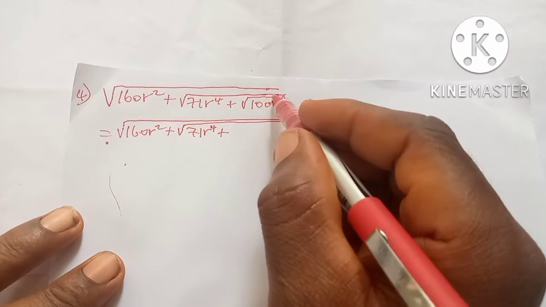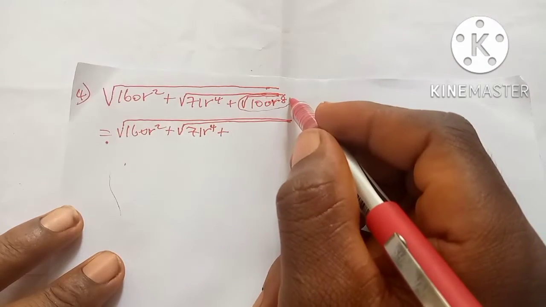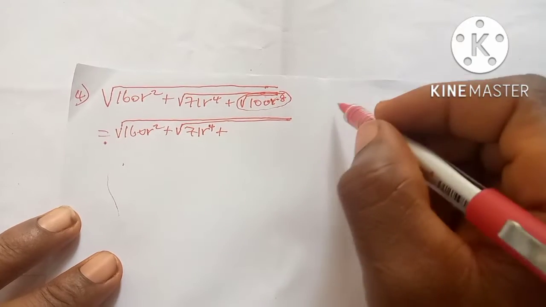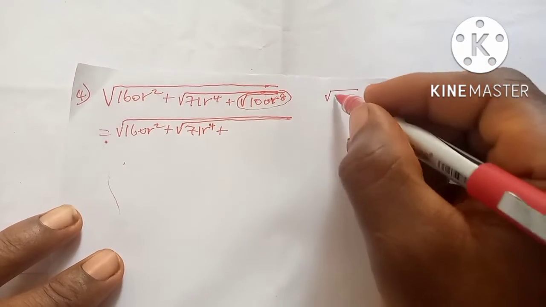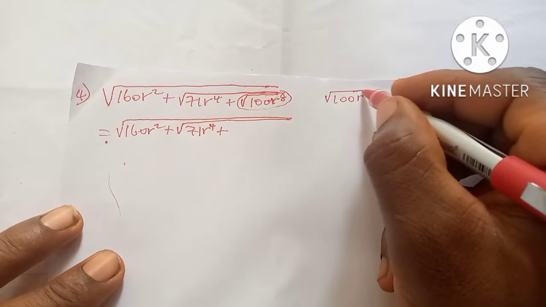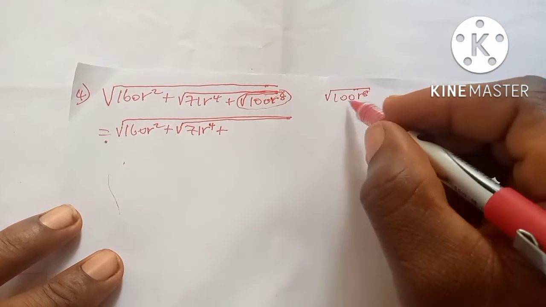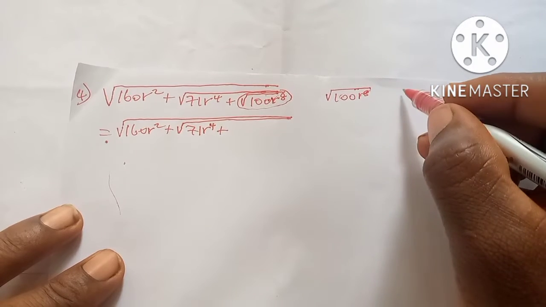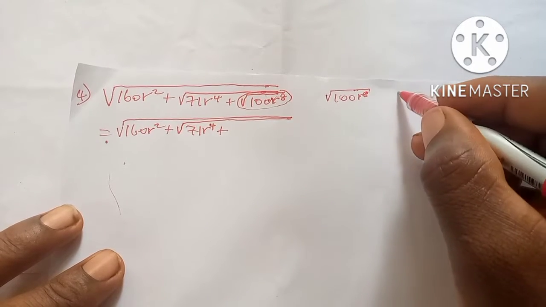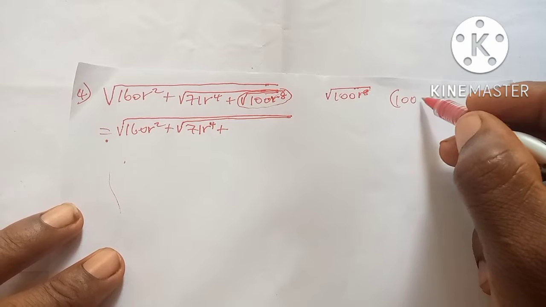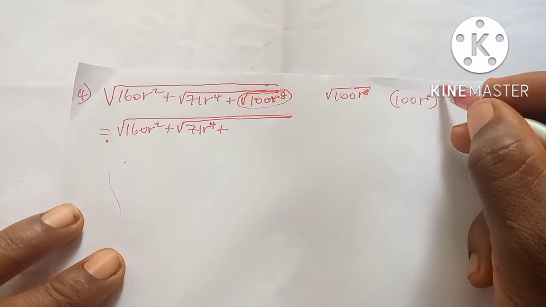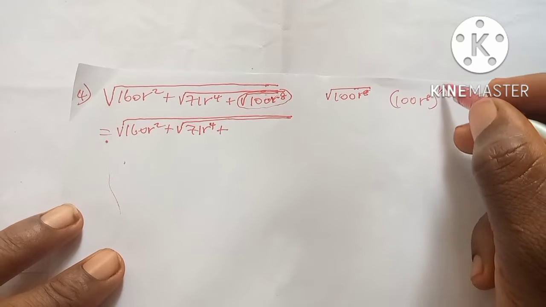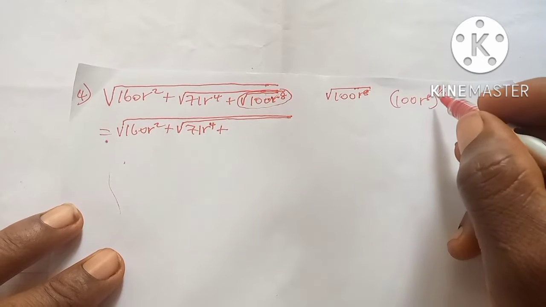Now let's solve this root 100 r to the power 8. So we have root 100 r to the power 8. Now from indices, 100 r to the power 8 in square root can be written as 100 r to the power 8 raised to the power half, or this half from the square root.